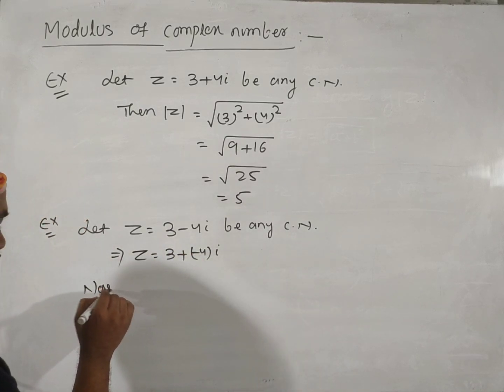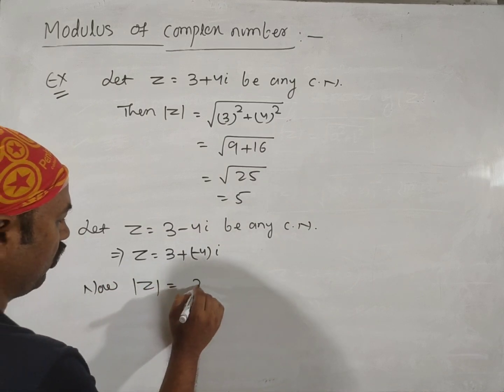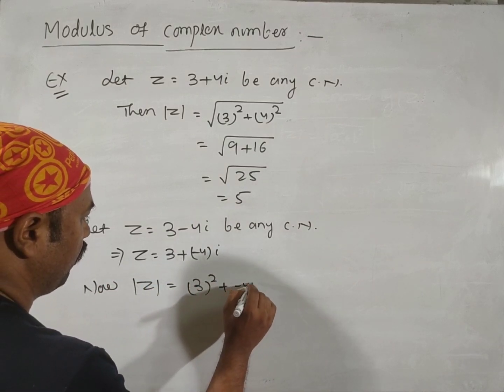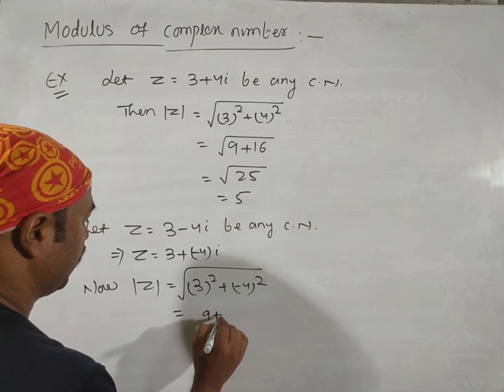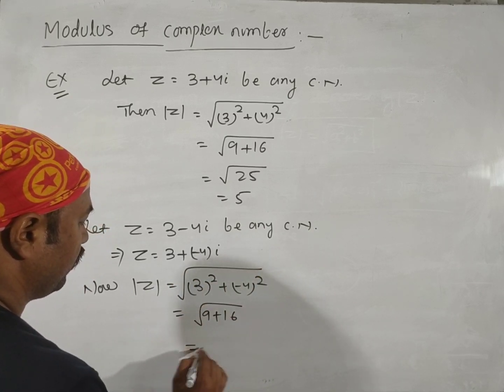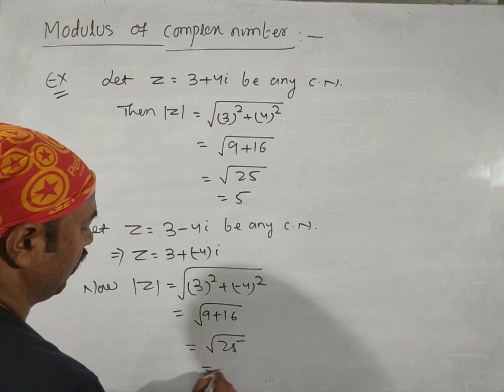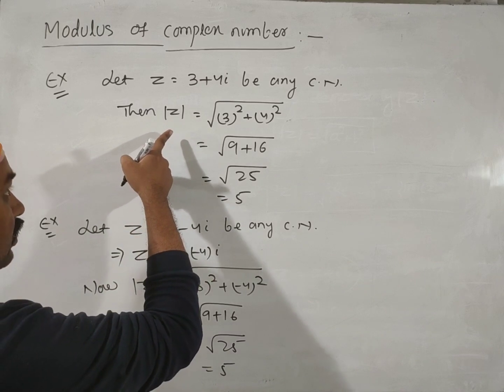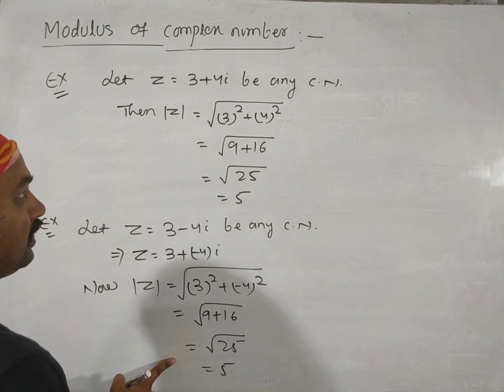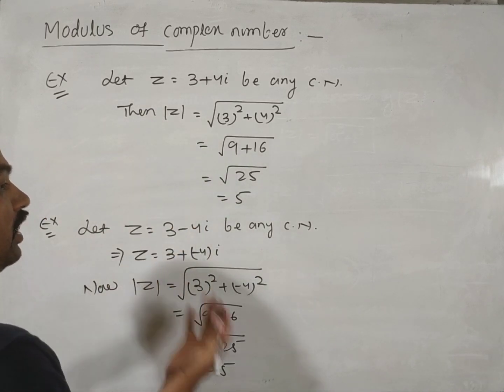Now the modulus of z is equal to the square root of the whole square of 3 plus the whole square of minus 4. Then again it is the square root of 25 and then it is 5. And you can see that here the two modulus values are the same, but the complex numbers are different.